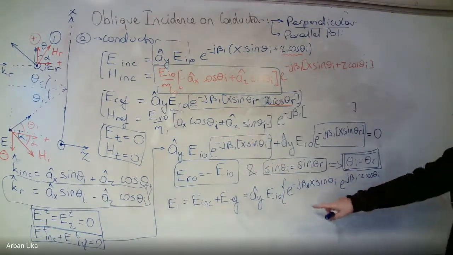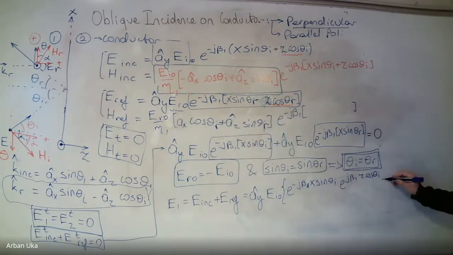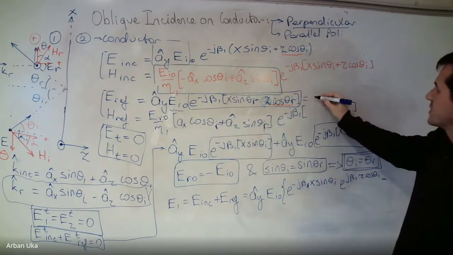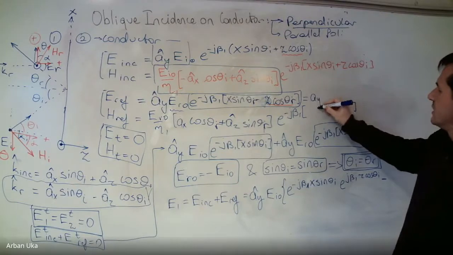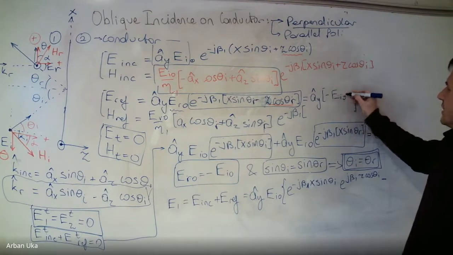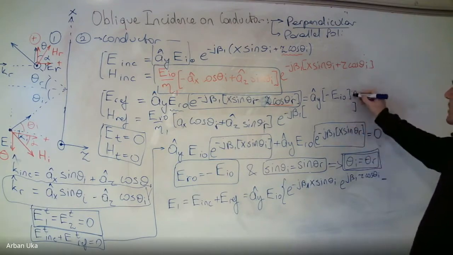Now, since we factor out this term, we get a minus sign here, okay? We get a minus sign because this expression would be equal to AY times minus EI0, and then the rest is not changing.